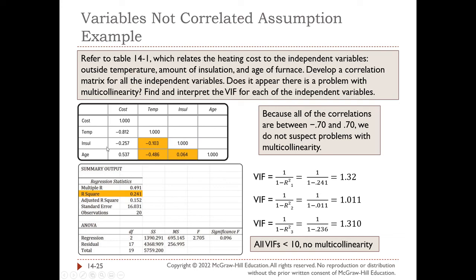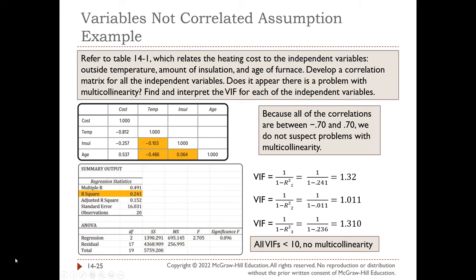But temperature to cost, you have all those, but this is the big one: insulation to temperature, age to temperature, and insulation. Again, it basically defines all three. Notice that the correlations between negative 0.70 and 0.7 all work. We do not suspect problems with multicollinearity.